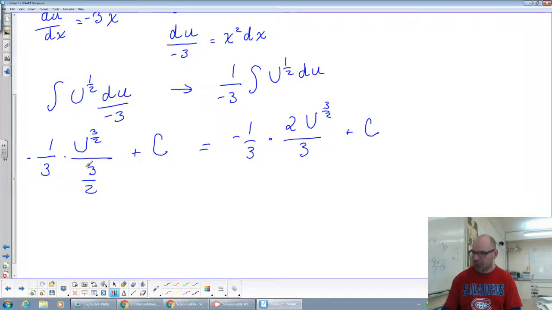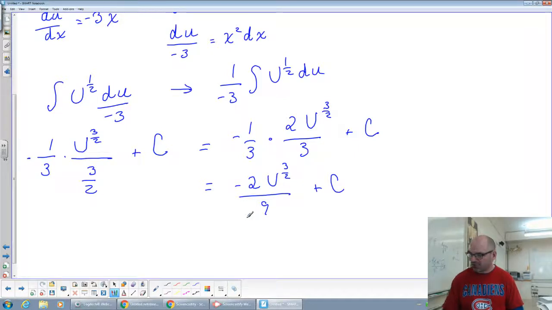Okay, took the reciprocal and multiplied. Now we can multiply this out to reduce it down. So this is going to be negative 2u to the 3 halves over 9 plus c, or negative 2/9 if you like.